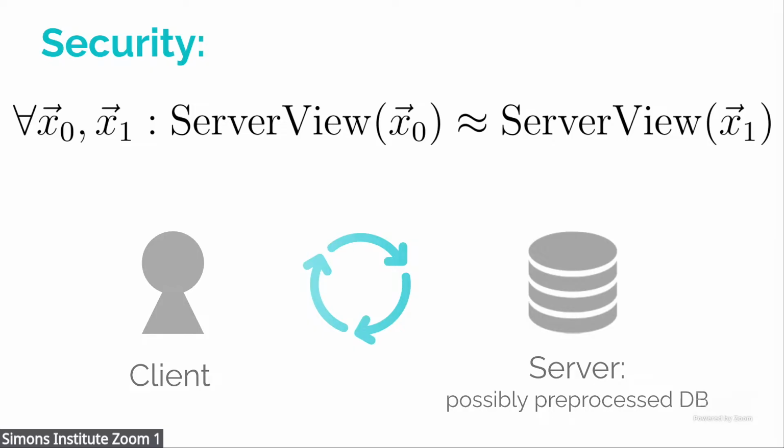We want to guarantee that the server's view in this protocol, no matter whether the input is x0 or x1, should be indistinguishable. So when we actually write our papers, we have an adaptive version of this definition. For the purpose of this talk, I'm going to just use this simpler version. Okay.